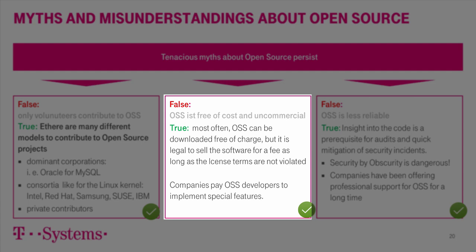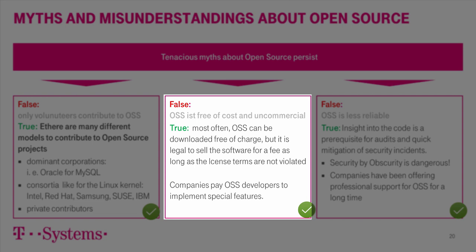The second myth is that open source software is free of cost and inherently uncommercial. Well, most often open source software can be downloaded free of charge, but it is legal at the same time to sell software for a fee, as long as the mentioned license terms are not violated.